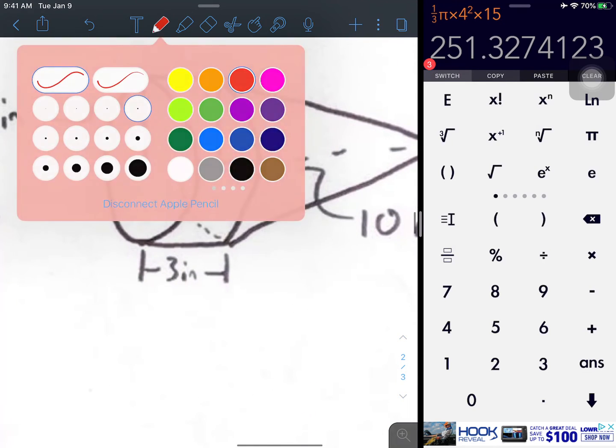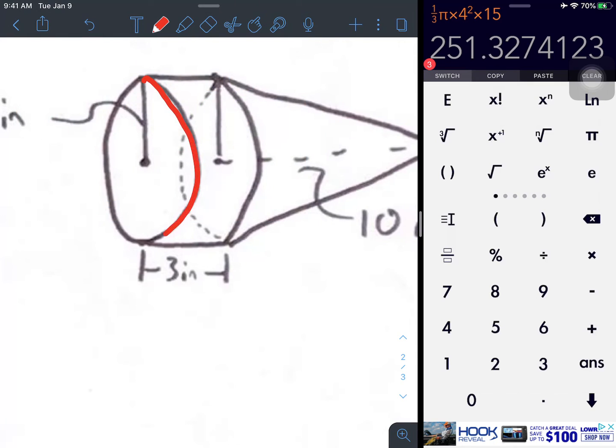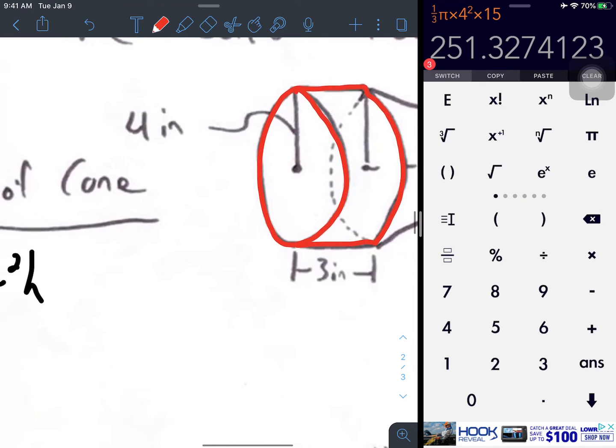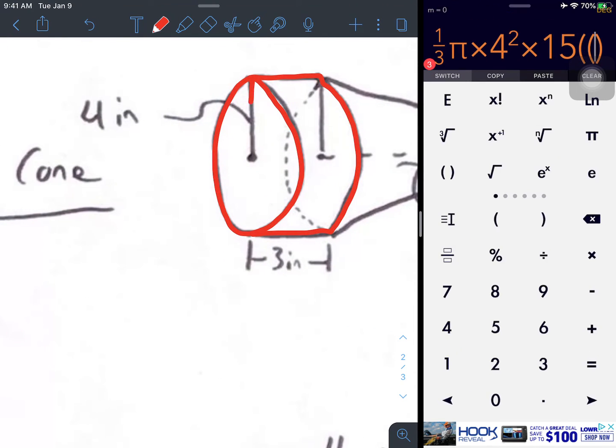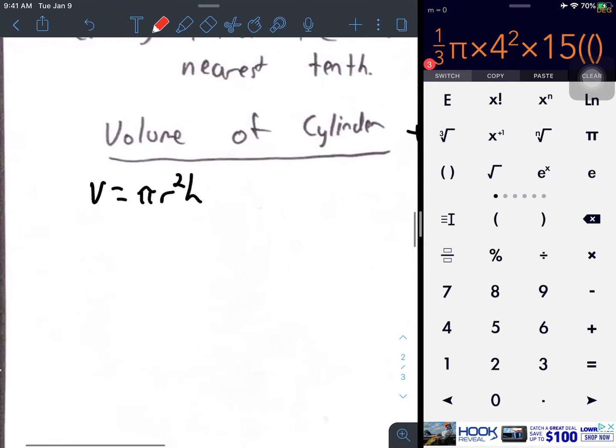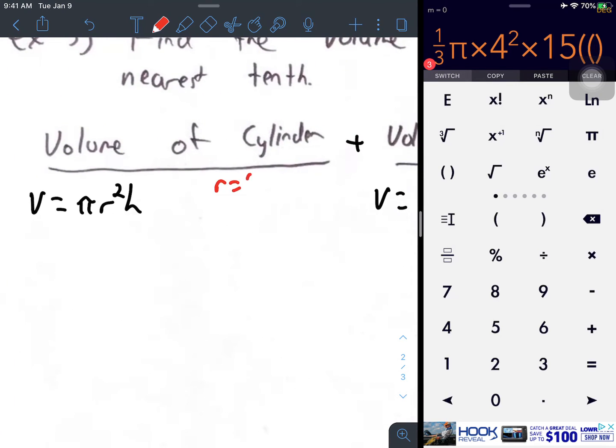That's going to be this part right here. And for the cylinder, we have a radius of 4, that's right here, and a height of 3. So our radius is 4 inches and our height is 3 inches.